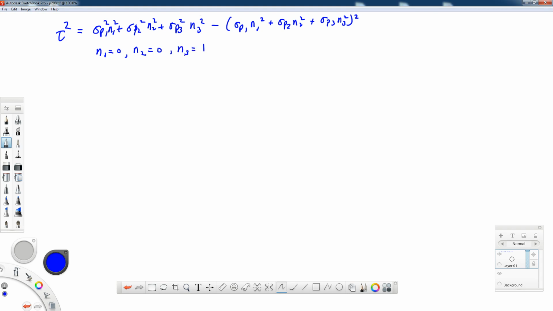Let's use the positive root here. So 0, 0, and sigma p3 squared minus 0, 0, and sigma p3 squared. And what do we get? We get tau squared is equal to 0, so the shear stress is equal to 0.